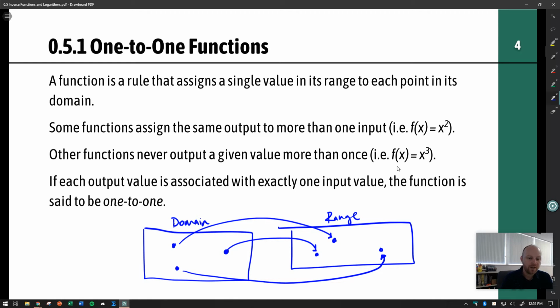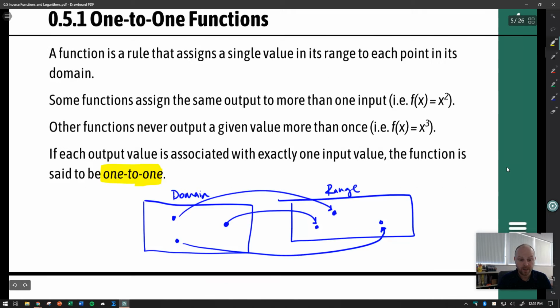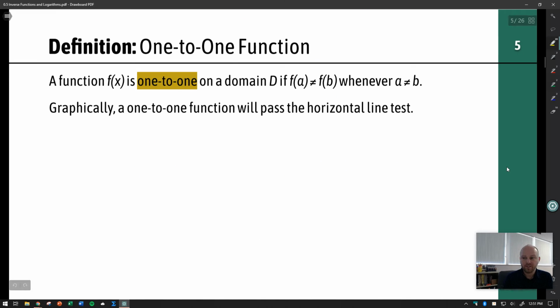So if each output value is associated with exactly one input value, that function is said to be one-to-one. One range item per one domain item, one domain item per one range item. So here's our formal definition.